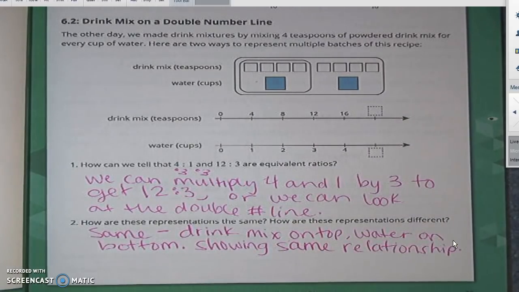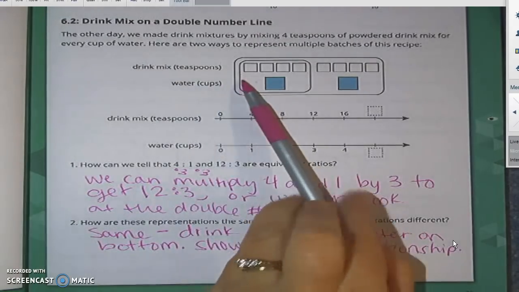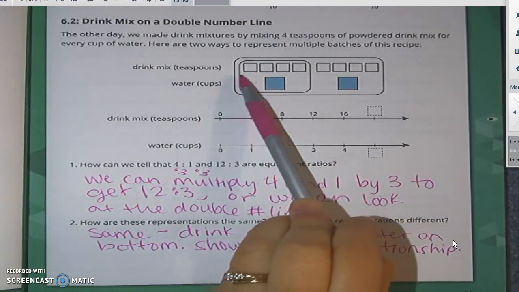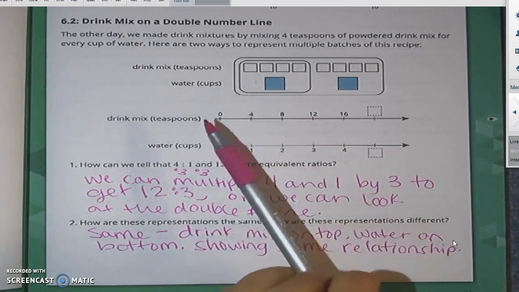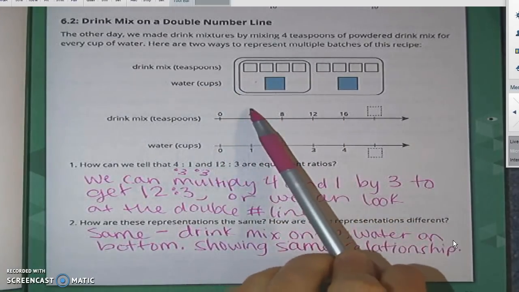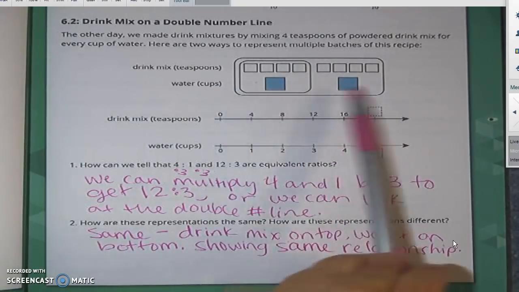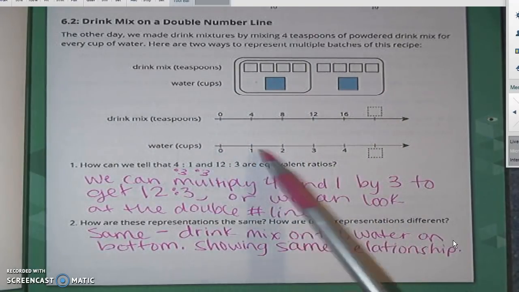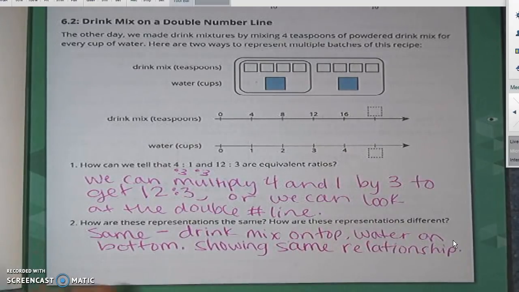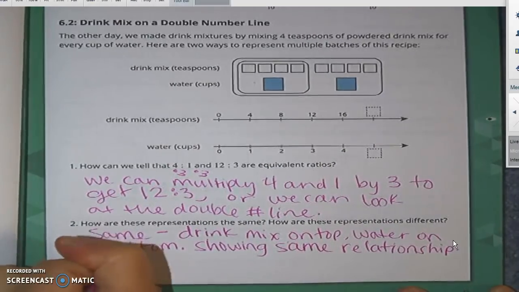How are they different? The first diagram is showing it with our squares, so more as a picture. The second diagram is showing it with numbers. And then also the first one only shows me 2 batches. The second one shows me up to 4 batches. So different.